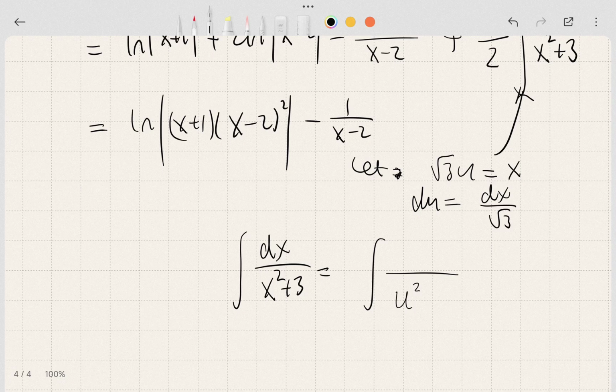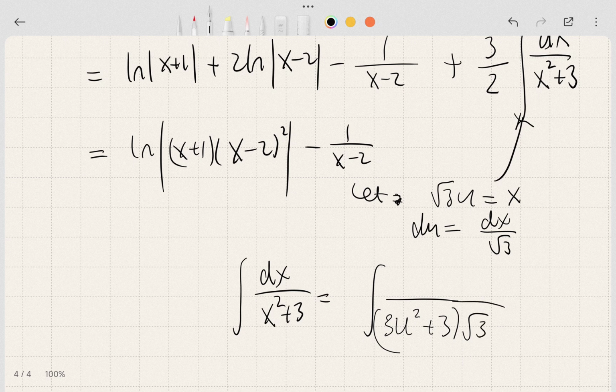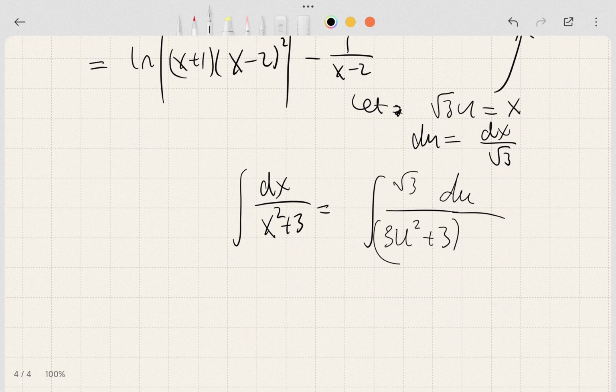That's how you get it. Yeah, so now we have x squared plus 3 is equal to 3u squared plus 3, and dx is root 3 du.